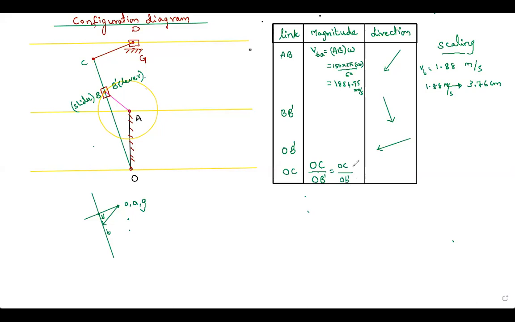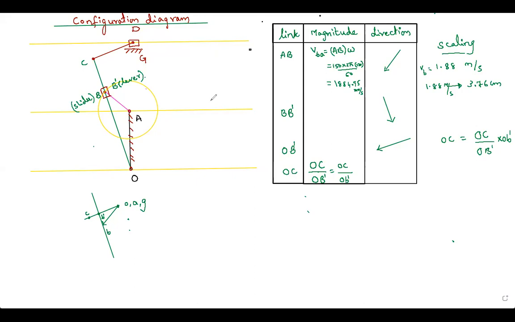Just cross multiply these things. So small o small c is what needs to be found out. Capital O capital C is there, capital O capital B dash also there, and small o small b dash also there. So based on that, I'm going to get, on the same line O B dash C, OC. After I get it, I will measure it, and I will mention that this point is C over here. After measuring, I will get this point C.